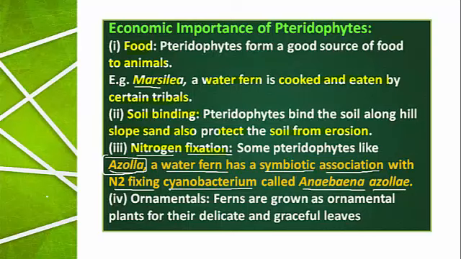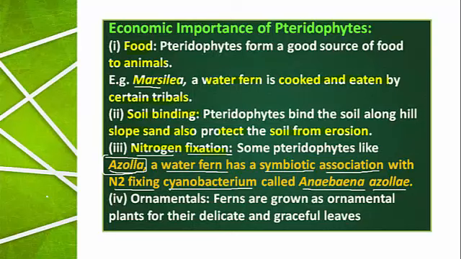Symbiotic association. When two organisms are mutually benefited from each other, it is called symbiotic association. Symbiotic, sym means together, biotic means life forms. When two different life forms are living together, if both of them are benefited from each other, that kind of association is called symbiotic association.